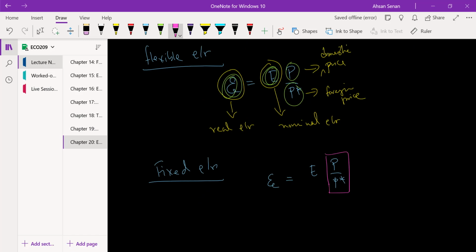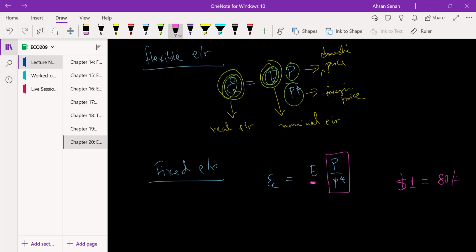Now, what the government wants to do is hold this as constant because we have a fixed exchange rate. Suppose the Bangladesh government says that $1 is going to be equal to 80 taka, and it cannot go up, it cannot go down, it's fixed.